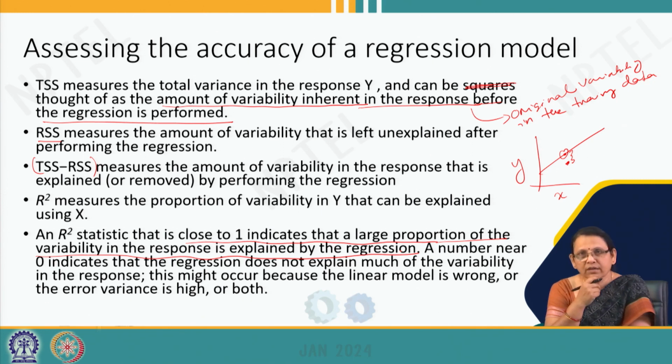So, this might occur because the model fit is wrong, or the error variance is high, and many such reasons. For example, suppose there is some kind of outlier in the data, and because of that outlier the regression line is getting distorted. So, that may be a reason, and also high error variance may be the case.